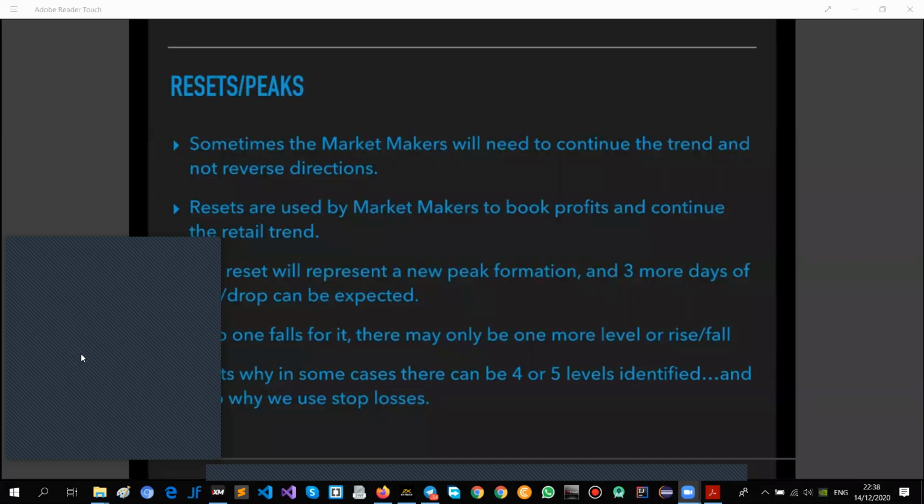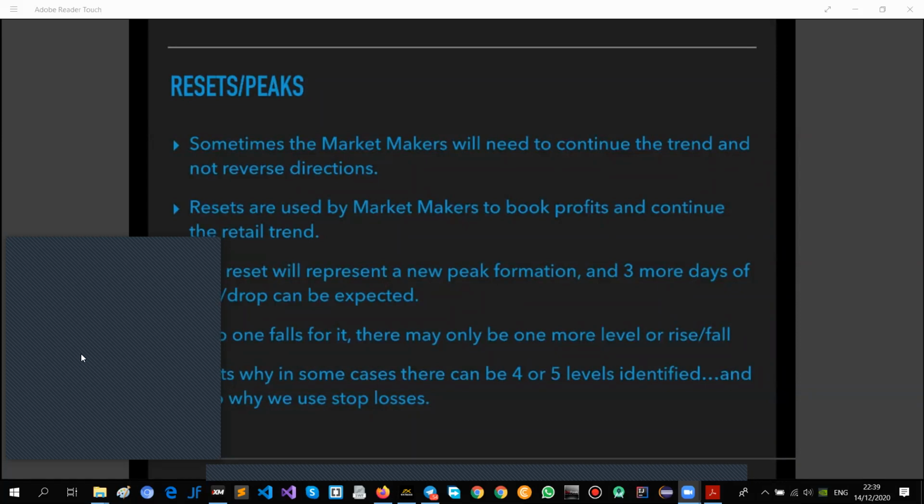The peak formation forms on Monday mostly. Yes, Monday mostly, but sometimes the market makers vary this peak formation. That's why it's important to know how to identify the peak formations, because they can happen on Monday or Tuesday or Wednesday or Thursday, any day.